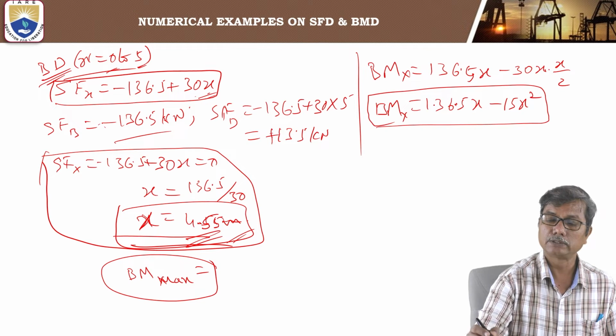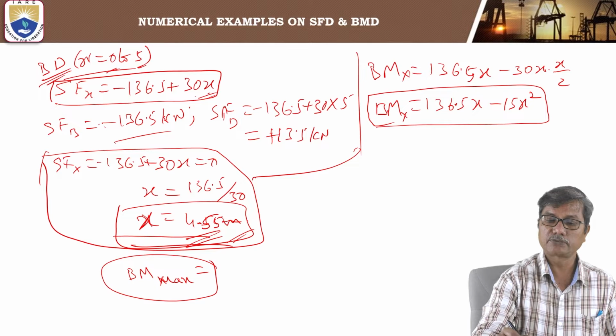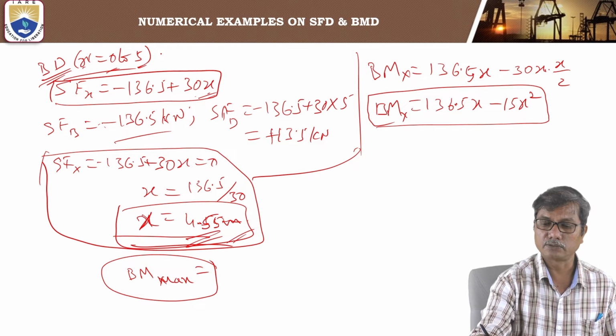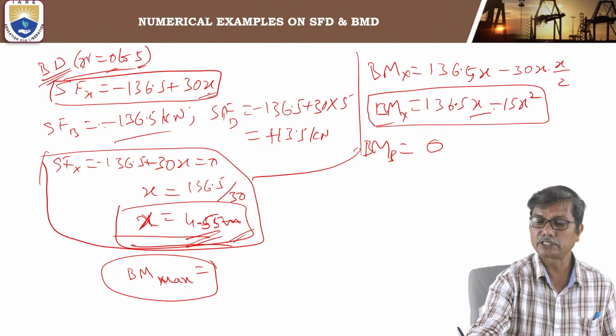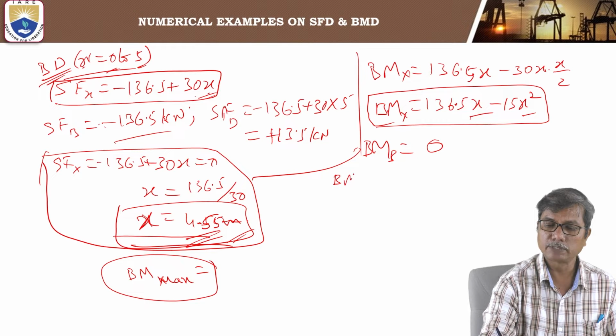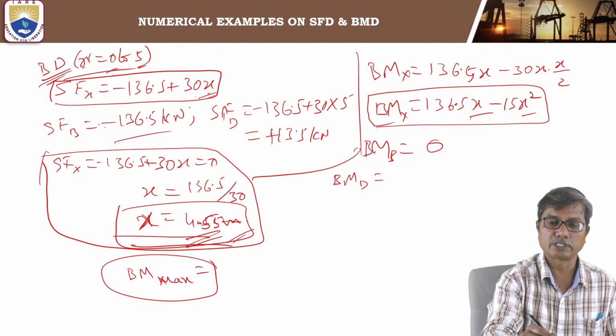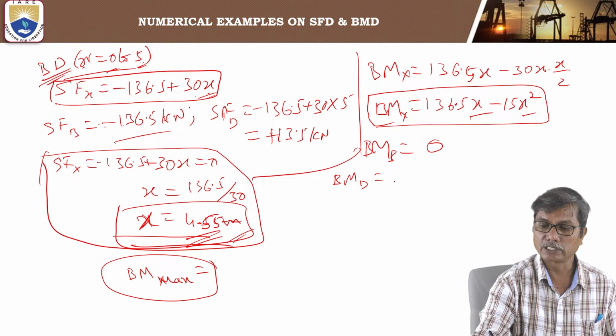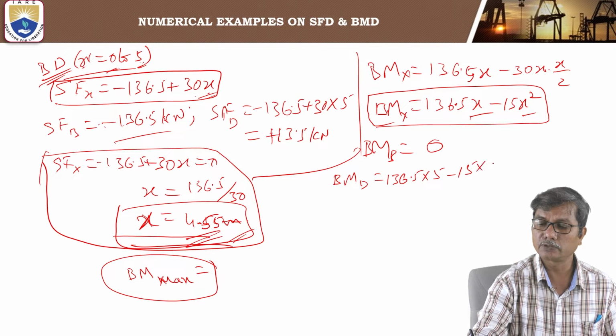Now in this equation, the limits for x are 0 to 5. At x equal to 0, you get the bending moment at B, which is 0. Similarly, the bending moment at D, that is at x equal to 5, is 136.5 into 5 minus 15 into 5 squared.